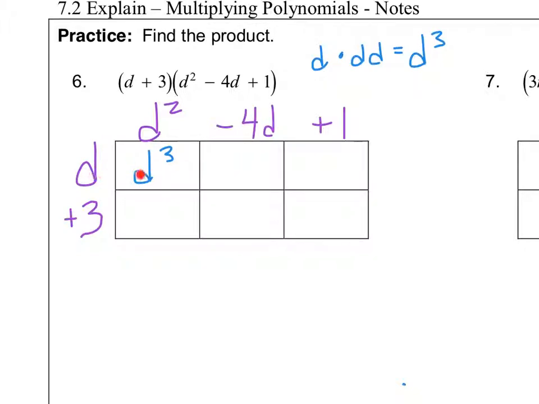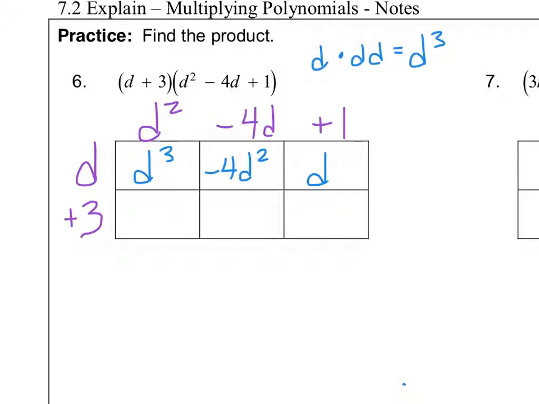It's going to be d times negative 4d. So d times negative 4d is negative 4d to the 2nd power. And then my third box. I'm going to go methodically here. So it's d times 1, which is just d.